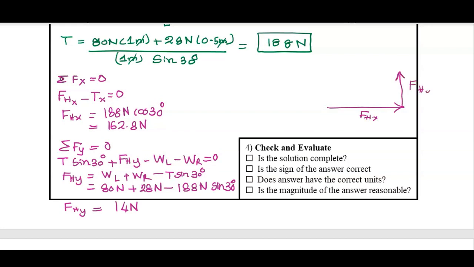I'm going to make the vector triangle with the x and y components and find the magnitude of the resultant force. Using the Pythagorean theorem, I just have to square the x component, square the y component, add them together, and then take the square root of it. So this is the hinge force.